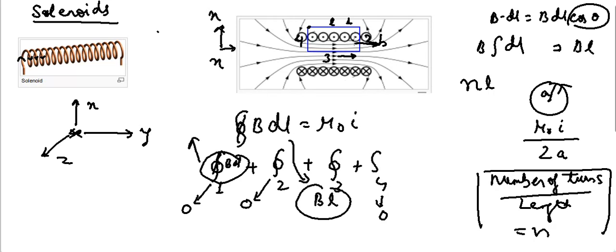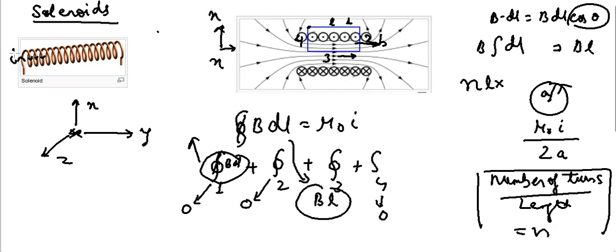If there are nL circles here, what is the total current inside this box? The total current inside the box is the total number of wires or circles here multiplied by the current in each wire.